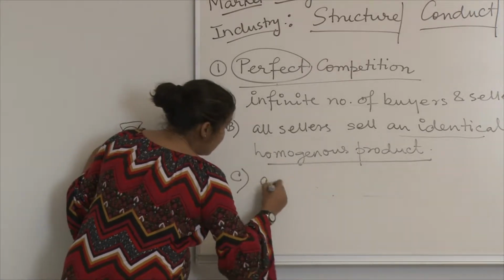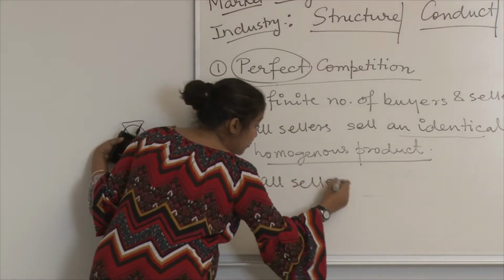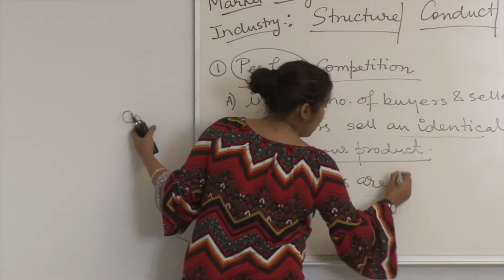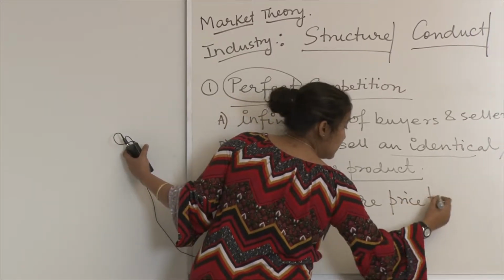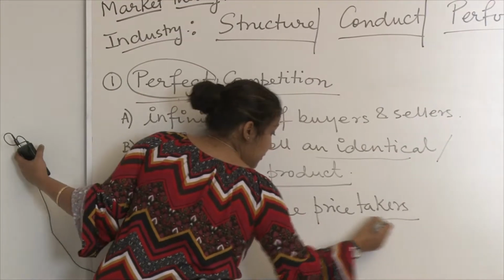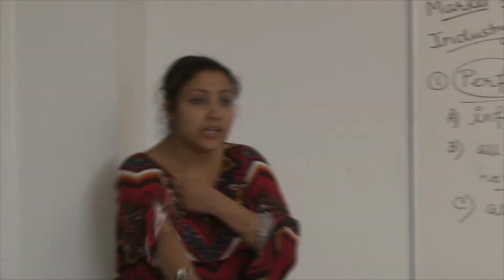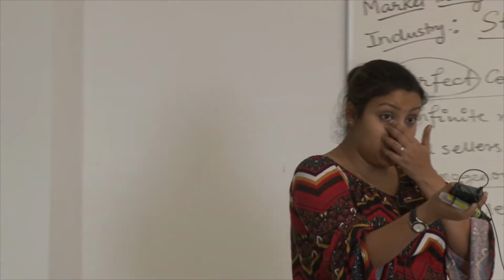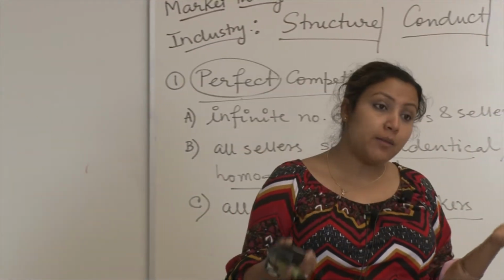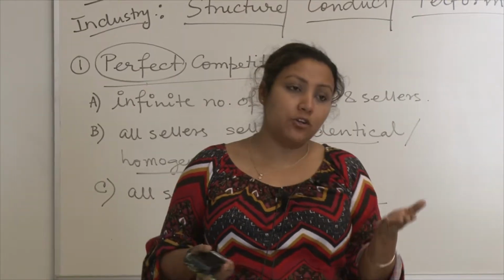Right. So, the next follows from this: all sellers are price takers. What does that mean? Usually in any market it is the seller who decides on the price. I want a good, I walk into your store, you tell me the price that you want to sell it for, and if I am okay with that price, I decide to buy your good.